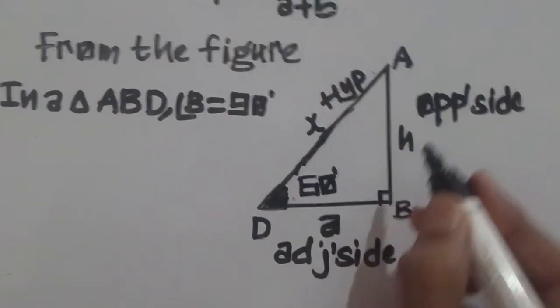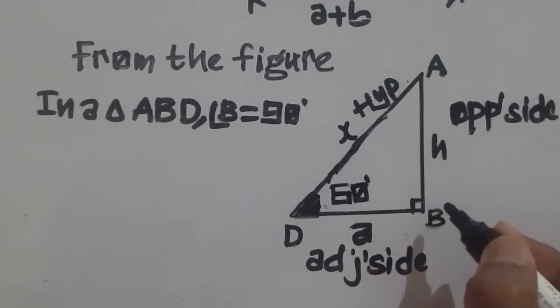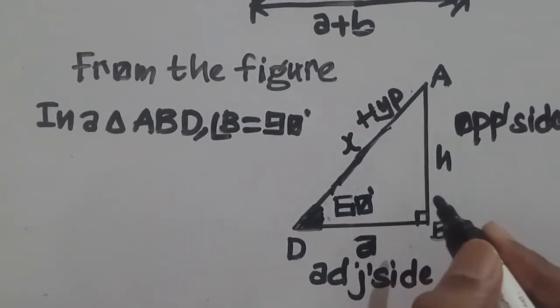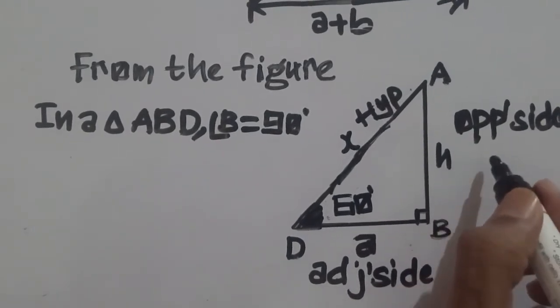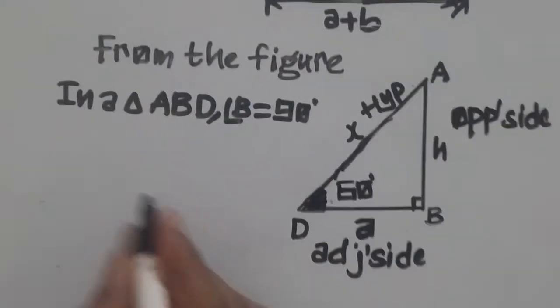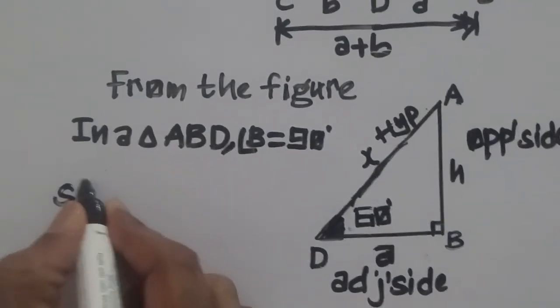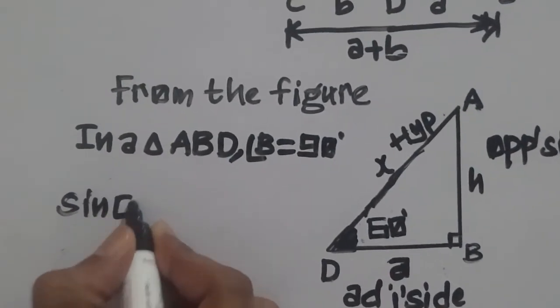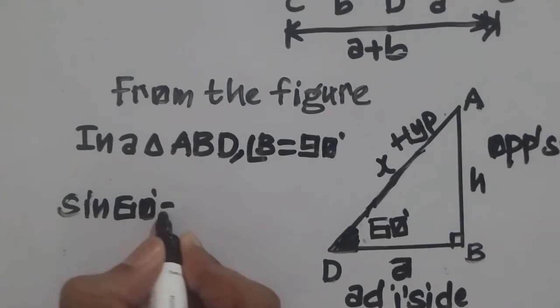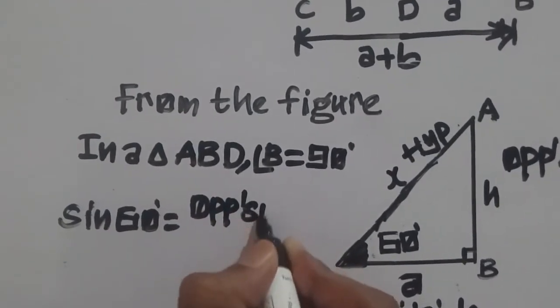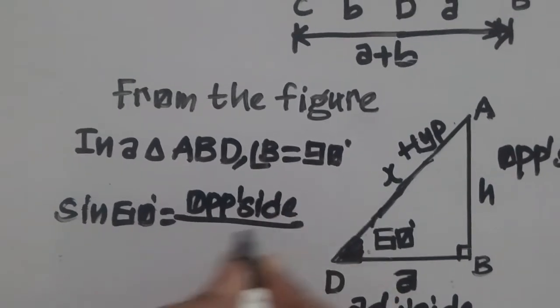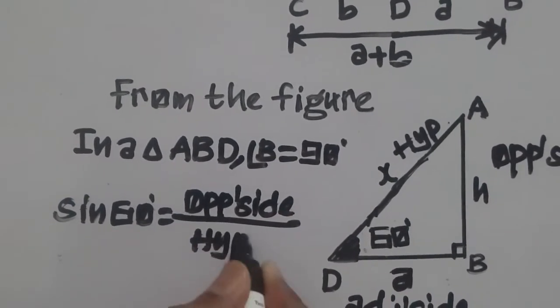Now when we want the opposite side, we will take sin theta. Sin theta is equal to the opposite side to theta by hypotenuse, so sin 60 degrees, where theta is equal to 60 degrees. Sin 60 is equal to opposite side by hypotenuse.